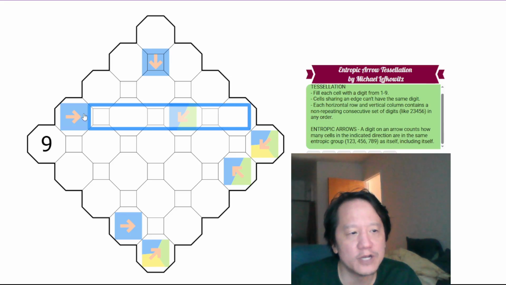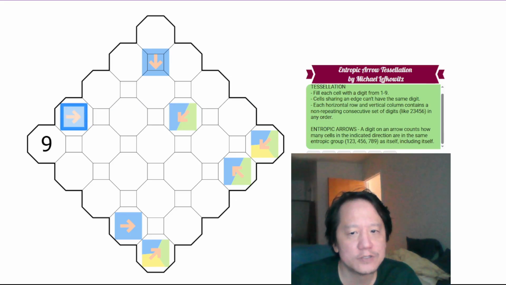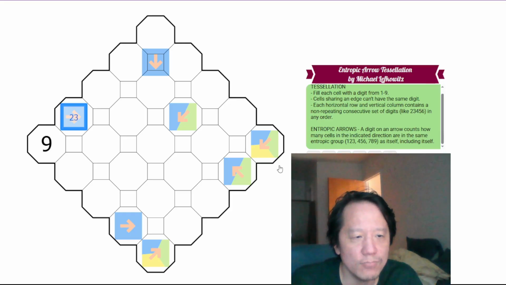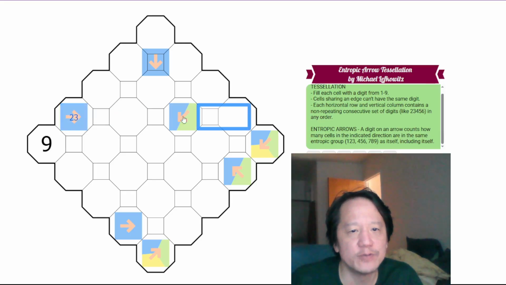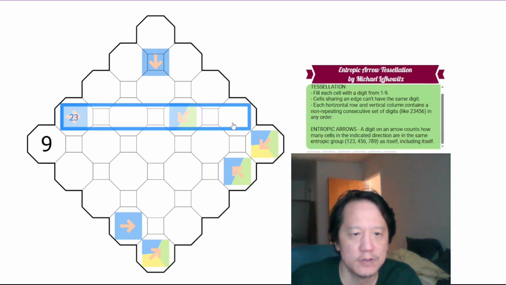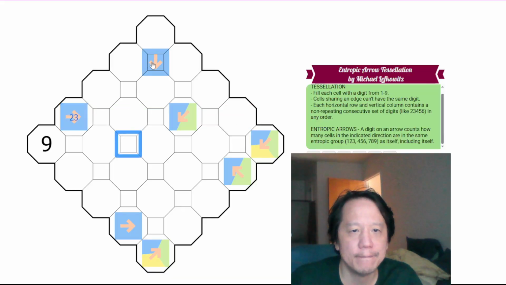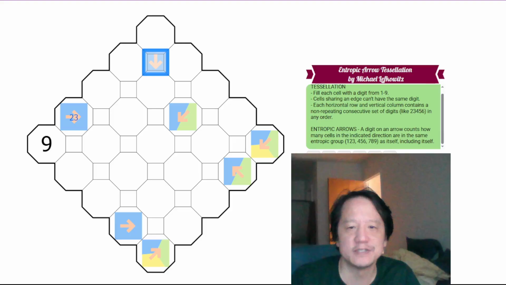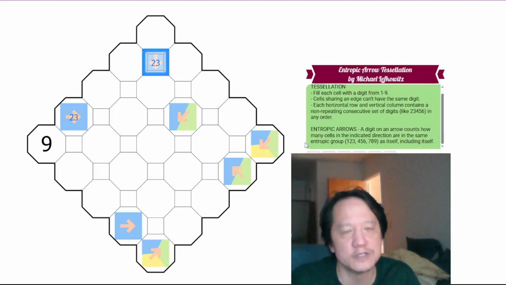So therefore, it can't be 1 here. So this has to be 2 or 3, right? If it's 3, these have to be 1 through 7 here. Same with this. This cannot see 1, so this also has to be 2 or 3 for the same reasoning.